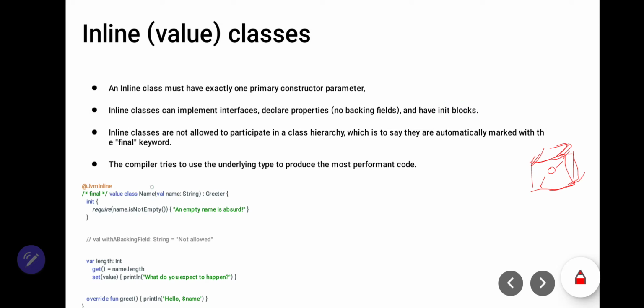If you see in here, Name is a value class, and this makes it a lightweight class wrapping a value, so as to avoid the overhead of objects at runtime.